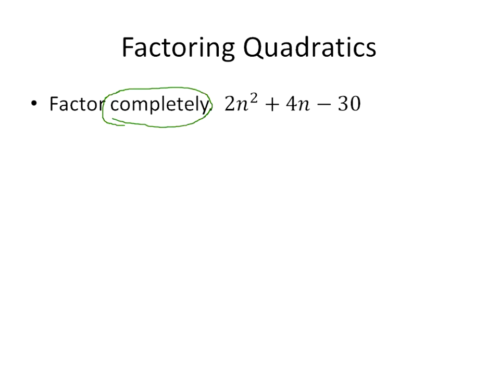So I'm going to look at this like I'm doing a distributive property problem, and I ask what I can divide each of those by, and since there's no room at the front, I'm going to put the 2 at the back. And if I say 2 times n squared, that gives me 2n. And if I say 2n times 2, that gives me 4n.